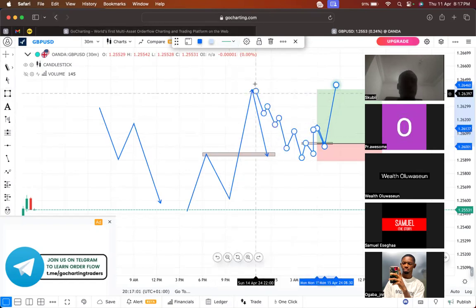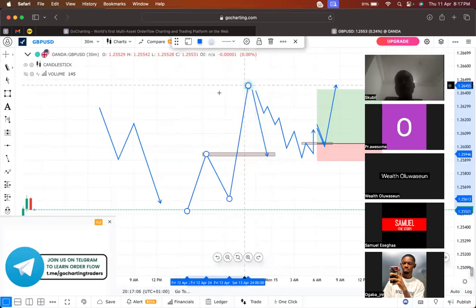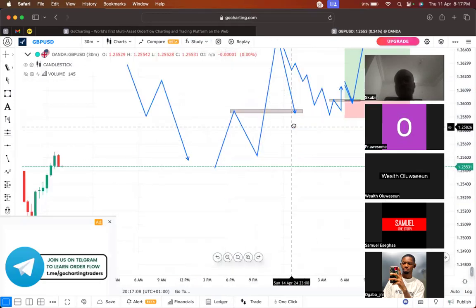So now I want to show you, I told you guys that I use either this or Fibonacci retracement. I want to show you the difference in the case where I'm using Fibonacci retracement.